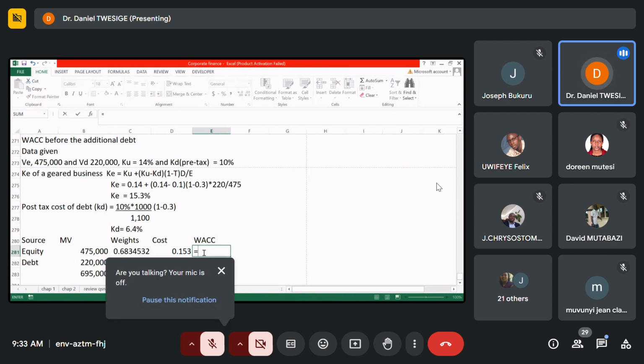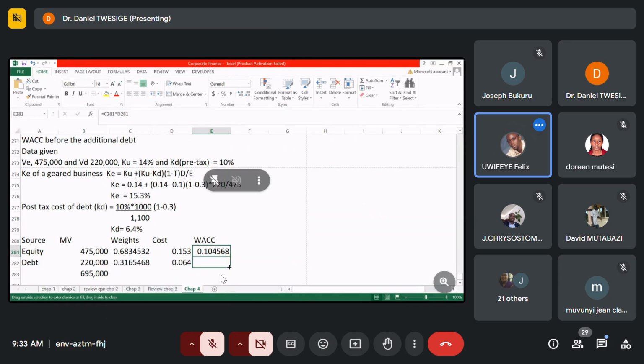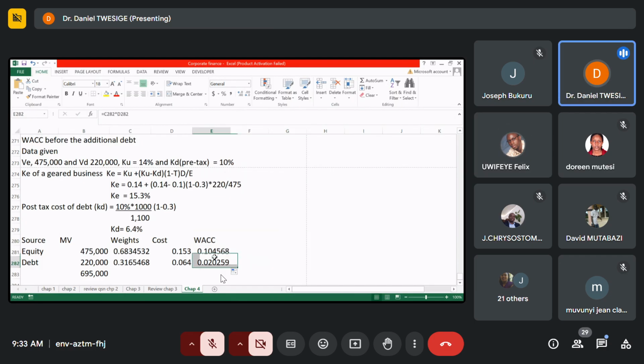Then I multiply this times this. When you add, your WACC will be 0.5%.